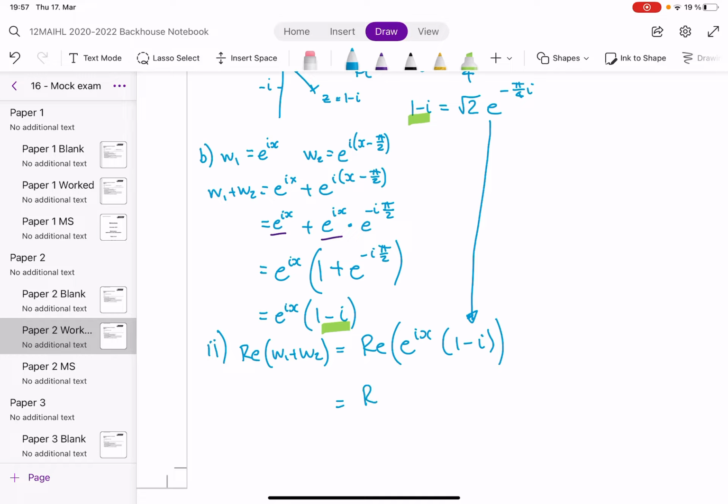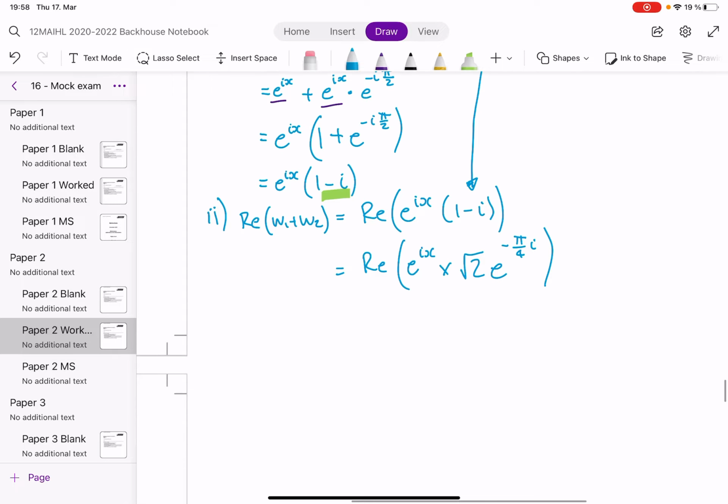Okay, so it's the real part of e^(ix) times, then we had root 2 e to the negative pi over 4 i. All right. So what do we do now? I can find a common factor because both these have e to the i in them.